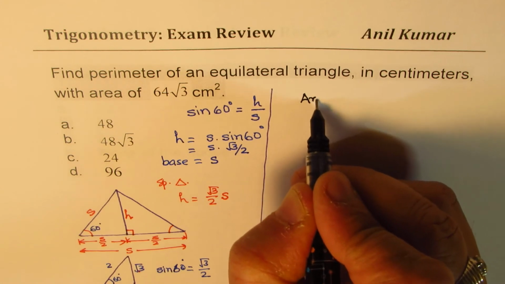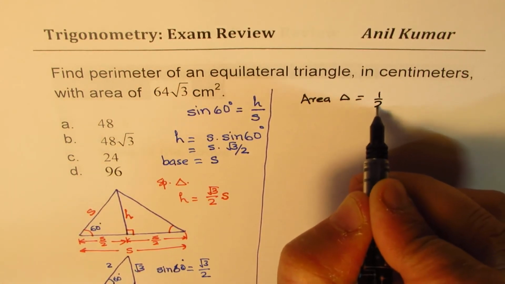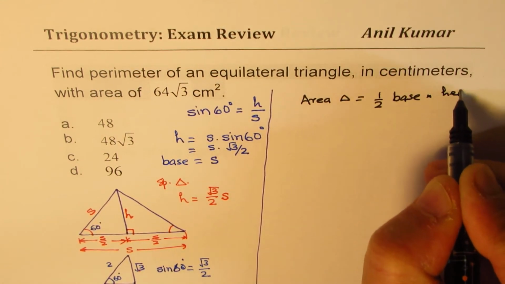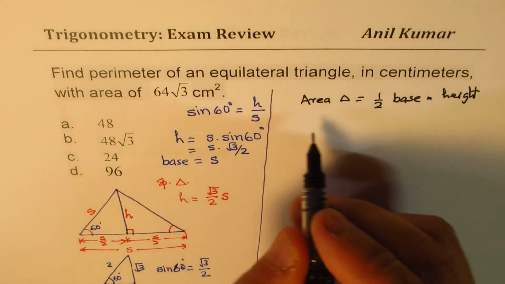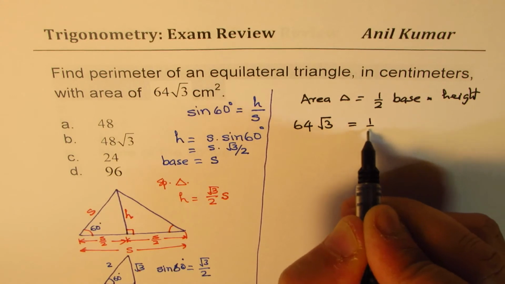Area of a triangle is half base times height. We know the area is 64 square root of 3, and this is half.